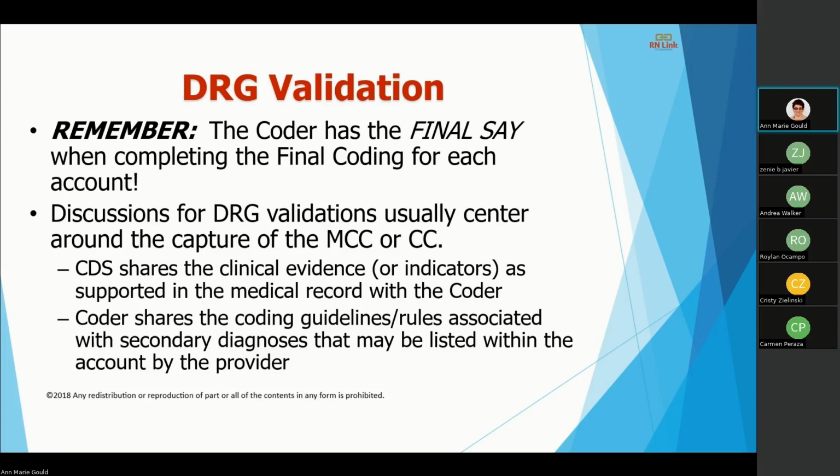It's very difficult sometimes, and it's unfortunate, because like I said here, in discussions about DRG validations on the bottom of the slide, CDS just share clinical evidence or the clinical indicators, which are supported in the medical record, with the coder. And then the coder shares the coding rules associated with secondary diagnosis that may be listed within the account by the provider.